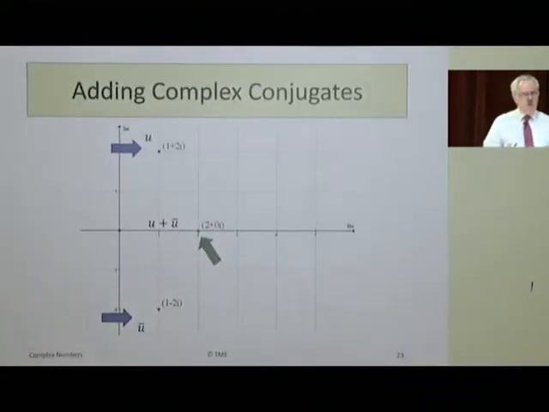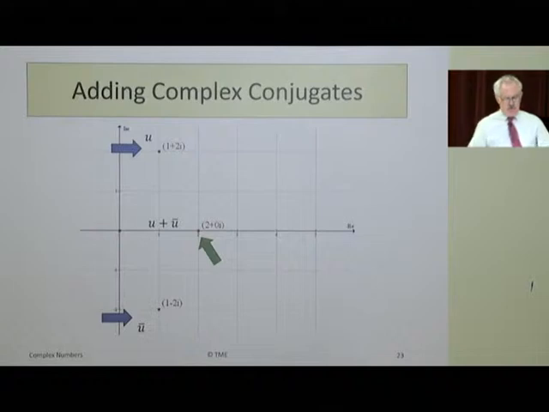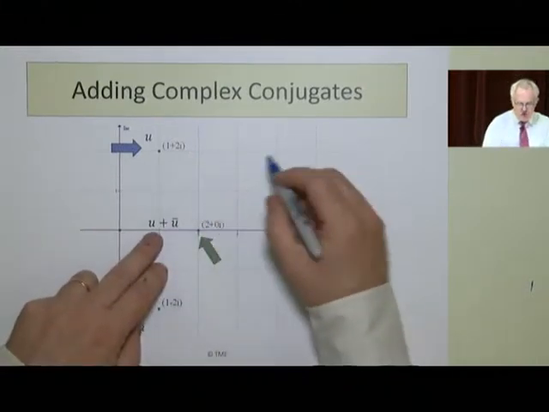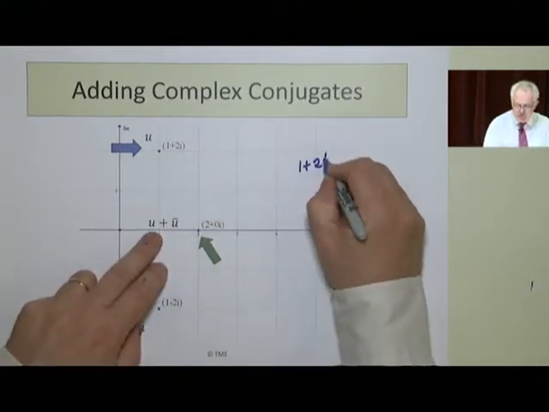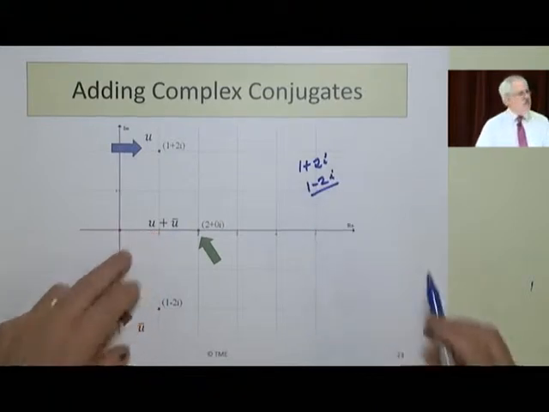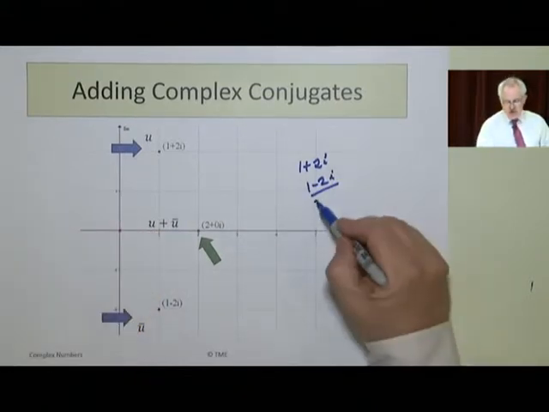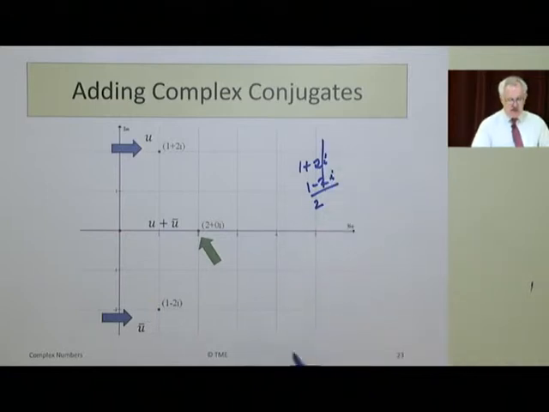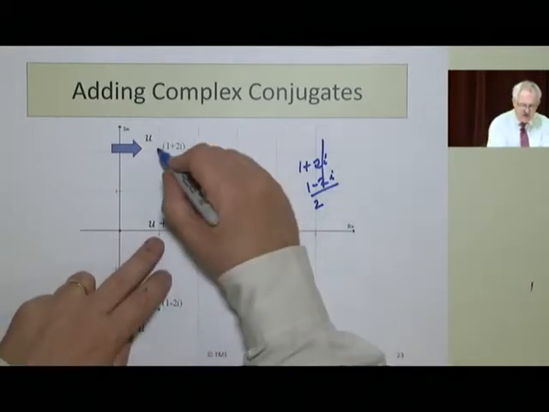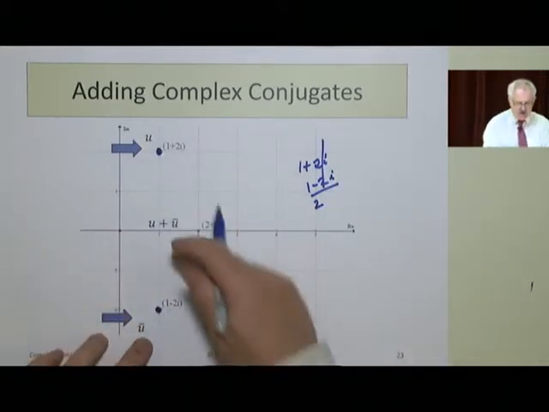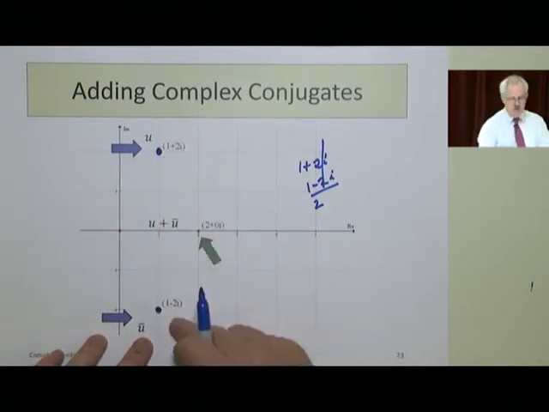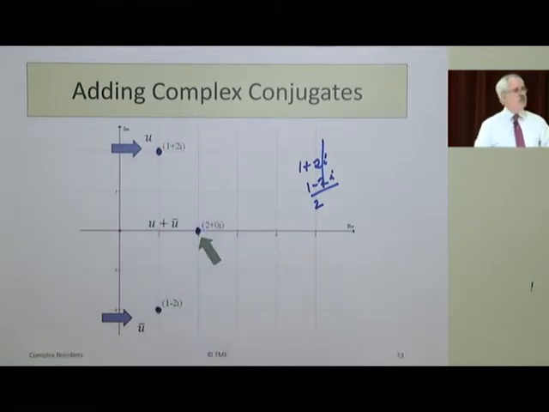But there's something very powerful about them. If you add complex conjugates together, in this case 1 plus 2i and 1 minus 2i, you just get 2 because they cancel. It's like 1 plus 2i is here, 1 minus 2i is here, and they're mirror images. When you add them, you end up here.